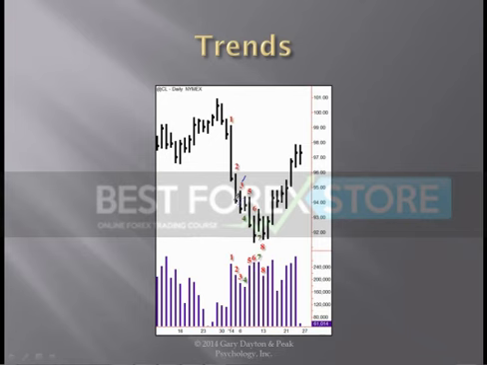But what happens on bar 4? We have an up bar, narrow spread, closing in the middle, so it's not strongly up, and lower volumes. It's still heavy volume, but it's less than anything else in here. So I'm not seeing any demand coming in.